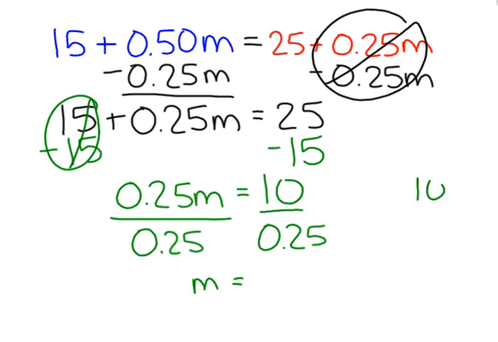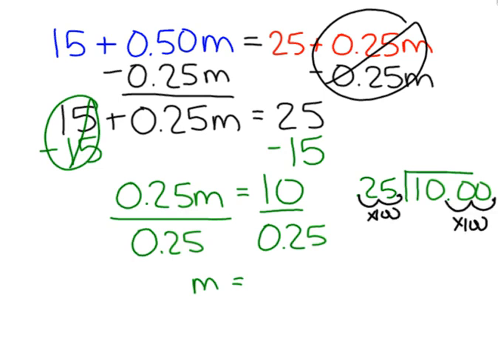Okay, if you don't believe me, you could go ahead and set up that math problem. Do times 100 times 100 and 1,000 divided by 25 would come out to 40.